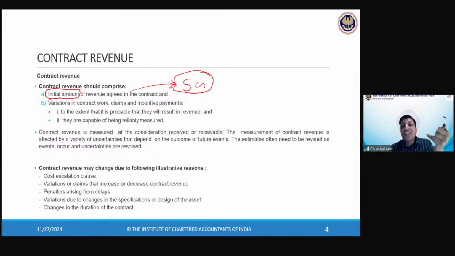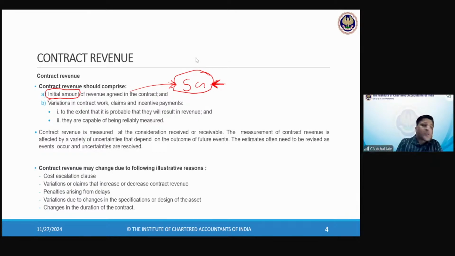Now, those changes, those variations, were not initially agreed, and the contractor's effort could be different. So that may require a change in this amount or not. Tell me, what do you think?